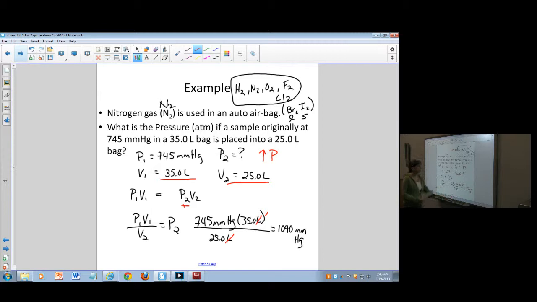If the volume is decreased, then I better see some kind of increase in pressure. So now I look here, and sure enough, I have an increase in my pressure. So you should always take these things and think about them for a minute. If I have a decrease in volume, I expect an increase in pressure.